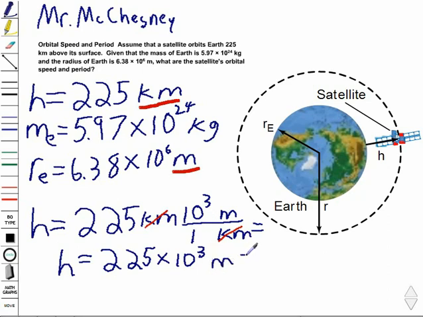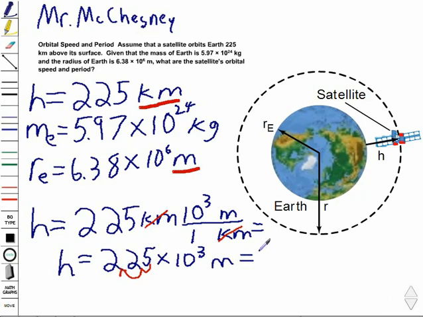Now as I look at that, the number doesn't look like scientific notation. It's close, but it's not quite right. The first number here has to be between 1 and 9.99, so I need to move the decimal place over. So I need to move my decimal place 2 spots, so it's in between the two 2's.